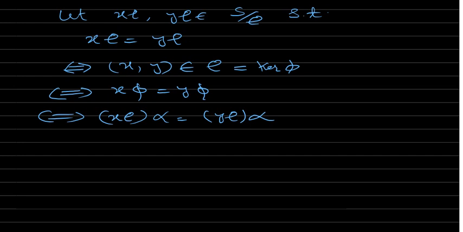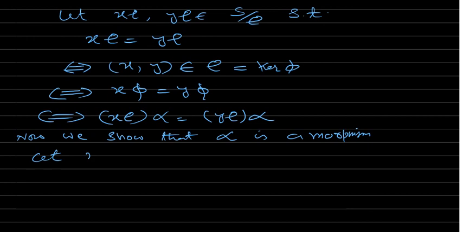Now we prove it is a morphism. Again we must choose two elements. Let x rho, y rho belong to S over rho.